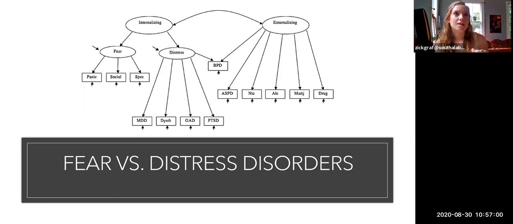And basically, they're distinguished by how symptoms manifest. With internalizing disorders, symptoms manifest in thoughts and emotions and internal experiences. Whereas with externalizing disorders, there are alterations in emotion and internal experience, but the main symptoms are external, behavioral. So a classic example of an externalizing disorder that's right here on this figure is antisocial personality disorder.